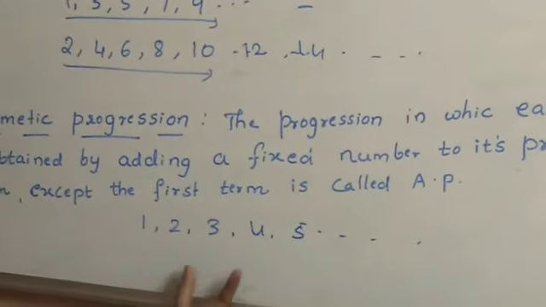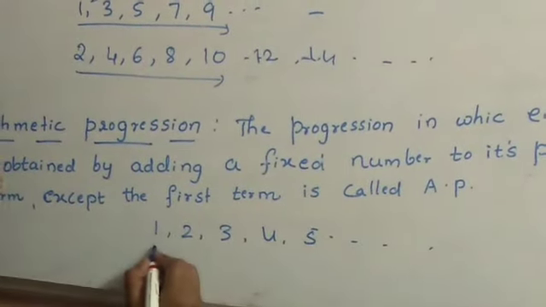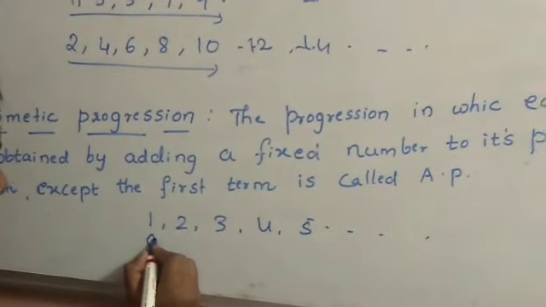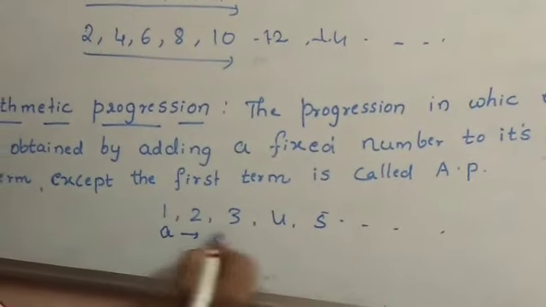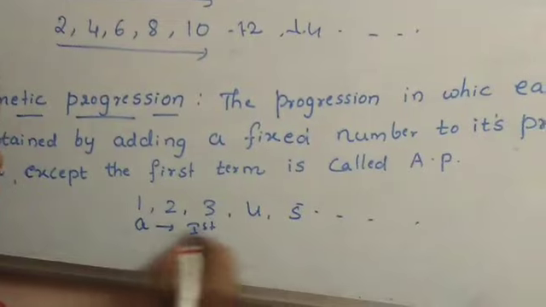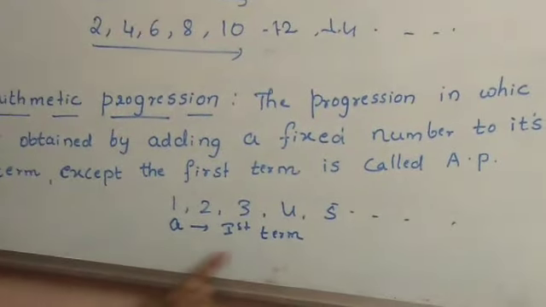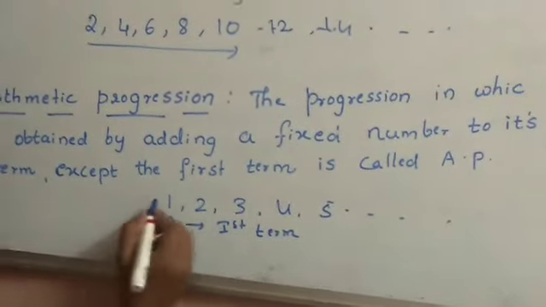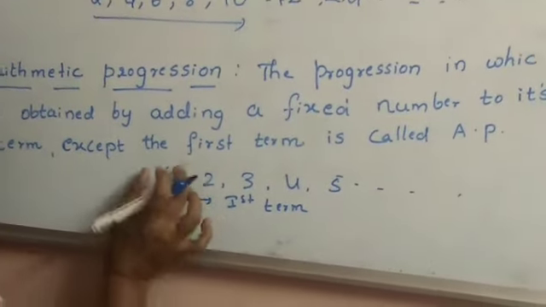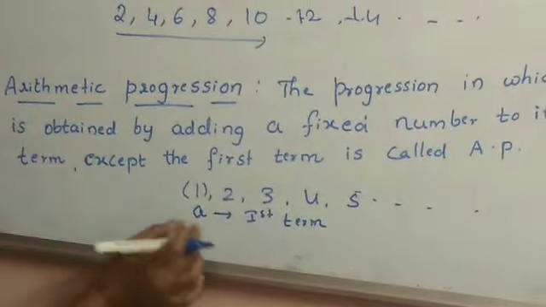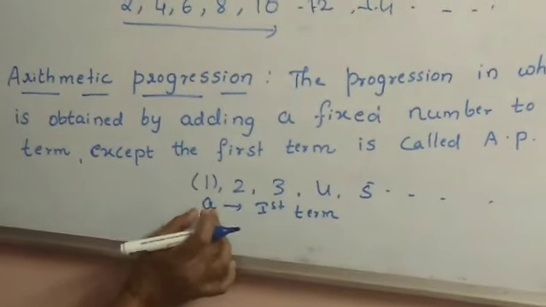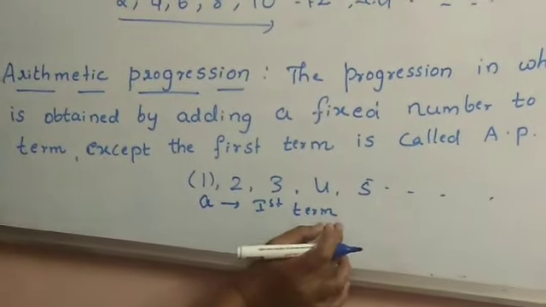Now in the AP, I will write one more time 1, 2, 3, 4, 5, counting of numbers. Here the first number is called A, that is, the first term is denoted by the letter A. Always the first number is denoted by the letter A and it is called the first term.